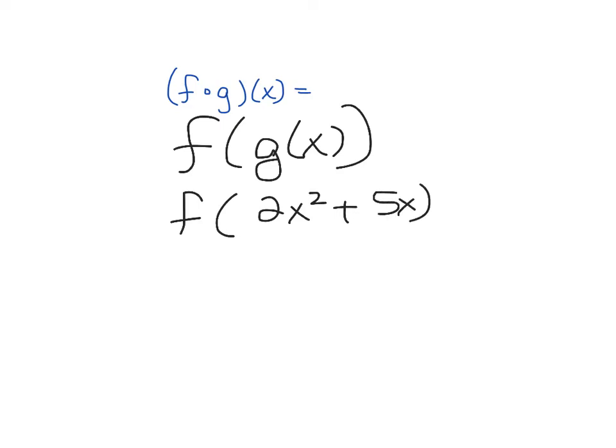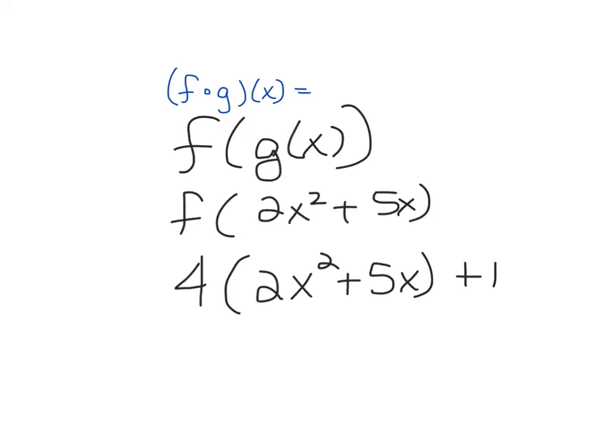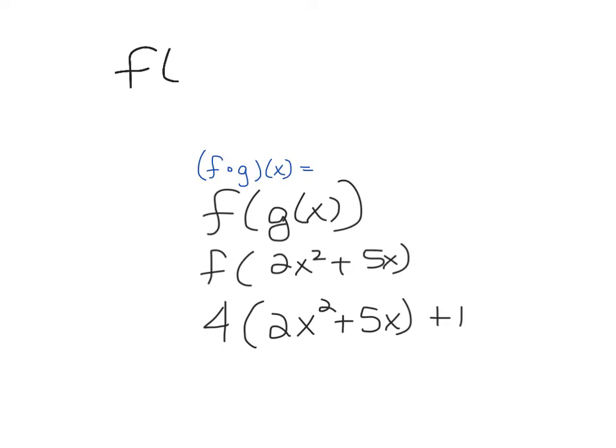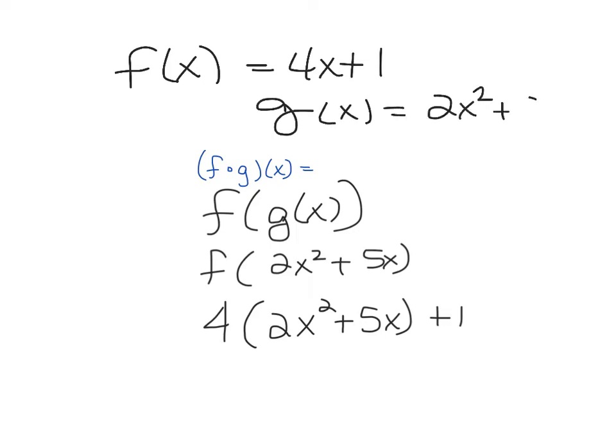So we're going to take the f of x function, 4, take out x, put in 2x squared plus 5x, and then plus 1. Because remember, your f of x function was 4x plus 1, and your g of x function is 2x squared plus 5x. So I'm taking my f of x function, taking this out, and putting this in there.